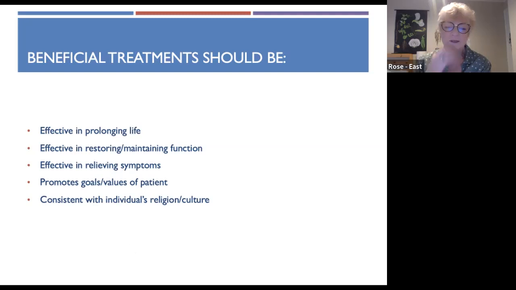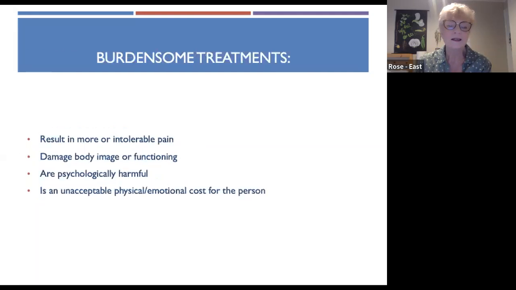And again, there are certain treatments that are indicated if they're going to relieve suffering. Burdensome treatments, as we've said, would result in more or intolerable pain, be psychologically harmful, and futile, like not really contributing anything to the person's health in the long run.